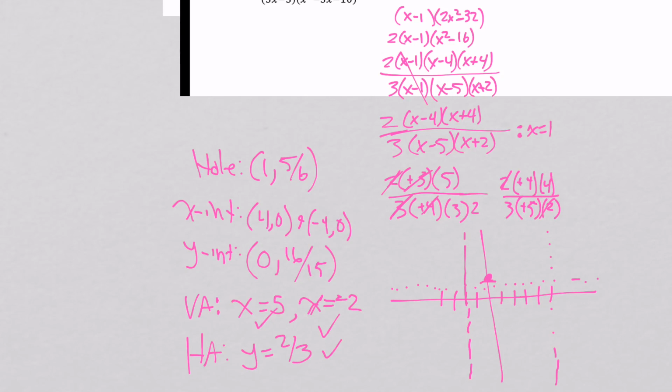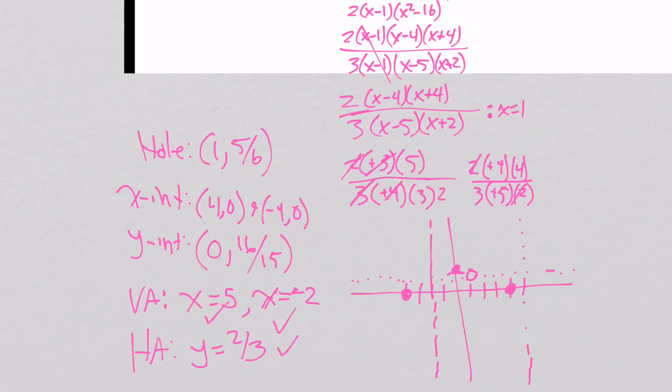The x-intercepts at 4 and negative 4 right there. And a hole at 1, 5/6. So 1 and then right there, a little bit above that asymptote. Because of all those points and things we have marked, this shape is already defined, so hopefully it doesn't take you much work to see that it has to look like that.